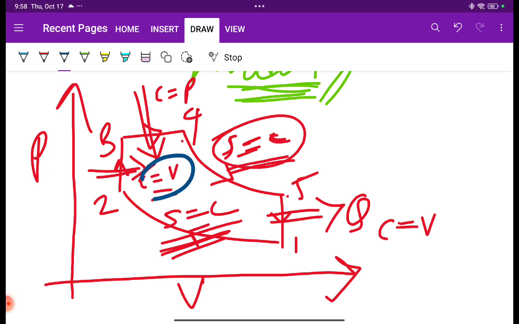So this is the thing we need to remember. From process 1 to 2, isentropic compression. In process 2 to 3, heat addition at constant volume. From process 3 to 4, heat addition at constant pressure. And from process 4 to 5, isentropic expansion.